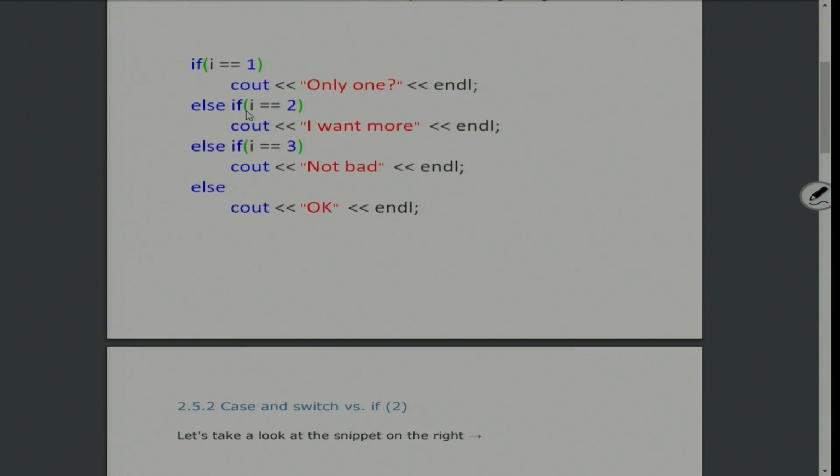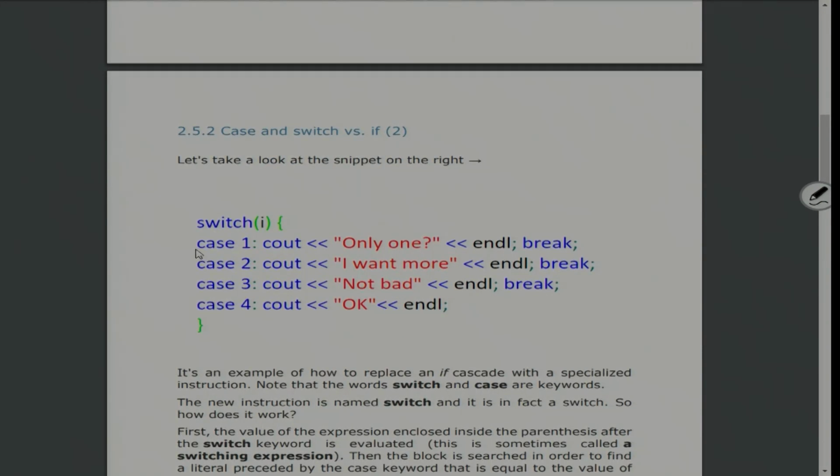And the second one, else if i is 2, print out I want more. You can see from the switch i, if the value of i is 2, we use that case and a colon, then that must be printed out if i is equal to 2.